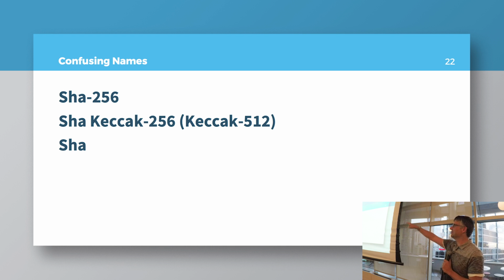And so there's Keccak-256 and Keccak-512. Those are basically SHA-3, but a slightly different variant that has just a minuscule, unimportant difference. But when people talk about SHA-3 in the Ethereum community, they're talking about this, which is actually different than SHA-3.